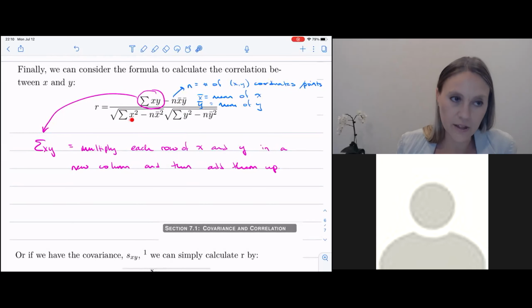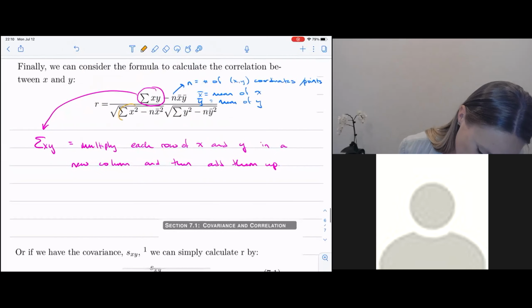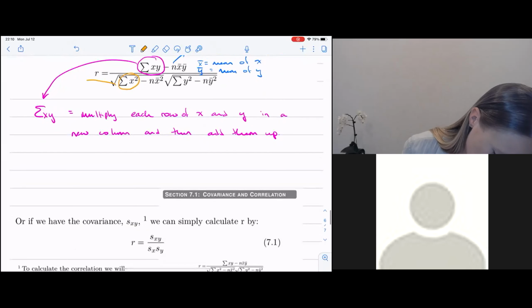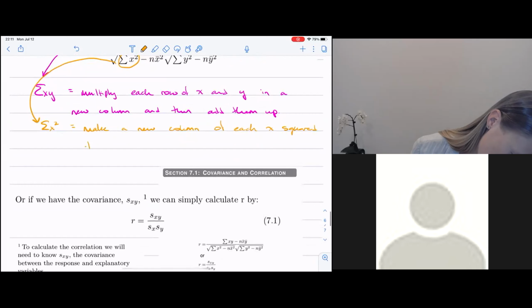The sum of the x's squared, well, that is something we've done before, right, for the standard deviation, but I'll put it down here. The sum of the x's squared is make a new column of each x squared, then add them up.